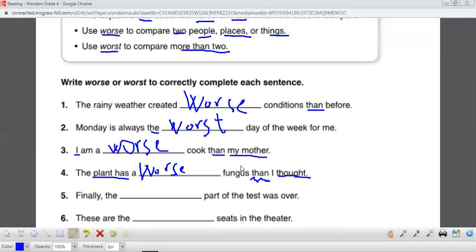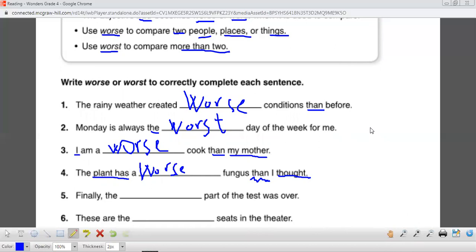This is what we have today about comparing good and bad. So good and bad could be used to compare things. Good gives better and best, and bad gives worse and worst.